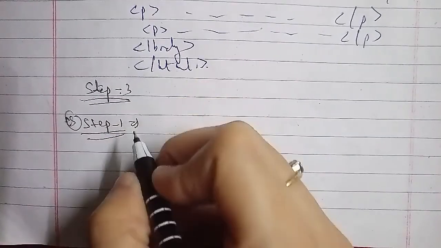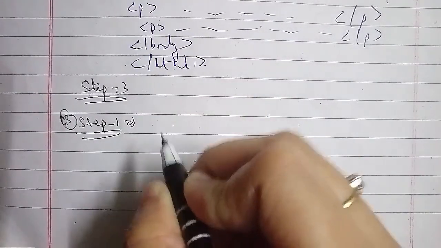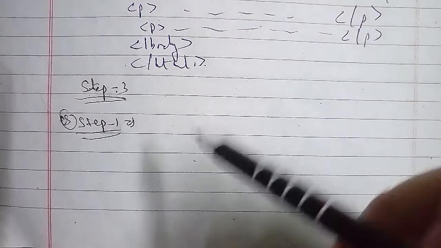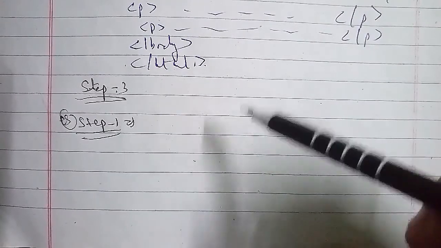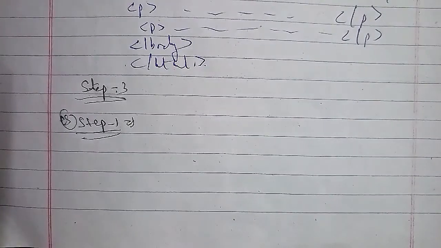For step 1 we will create 3 different documents representing different background colors, and we will write the code for these HTML documents, starting with file1.html.